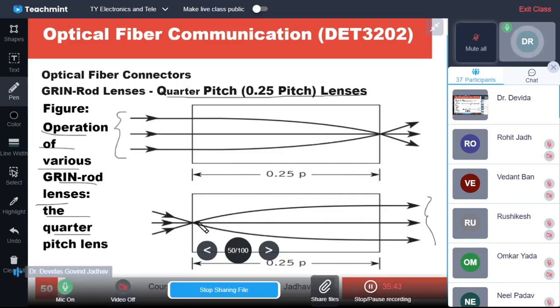But the point is, the focal points are exactly on the surface, and for that we have to put the source very exactly on the surface, and the source is nothing but one fiber end, or maybe a laser or LED surface.